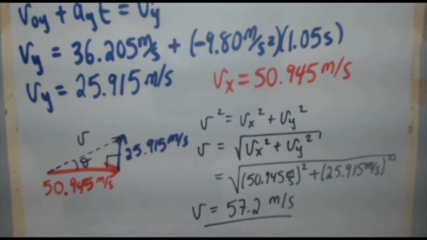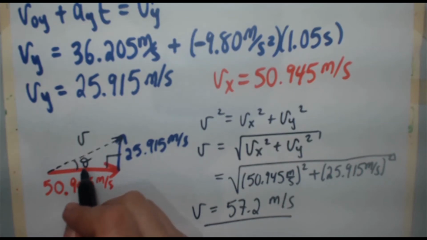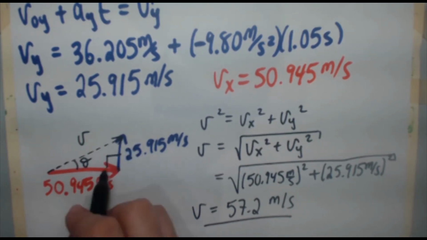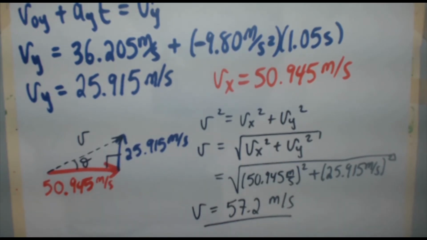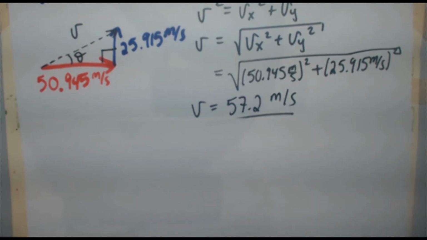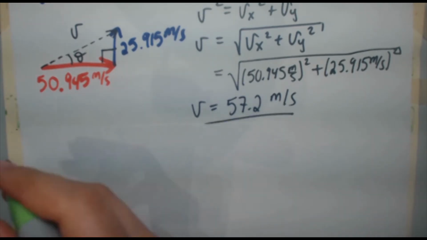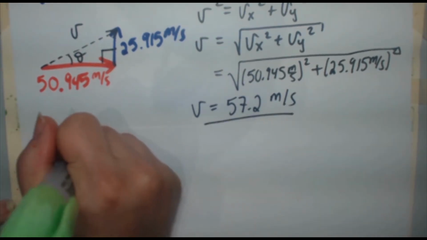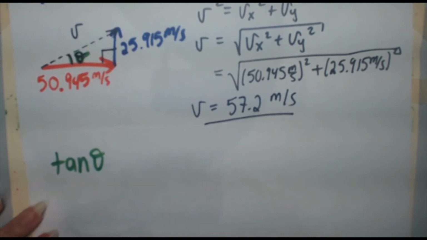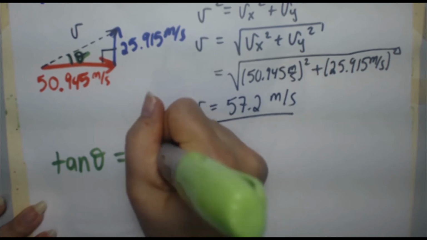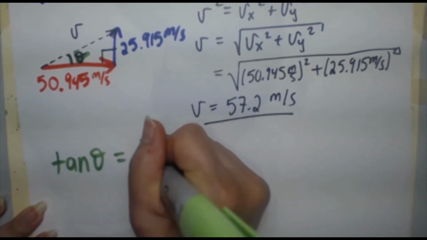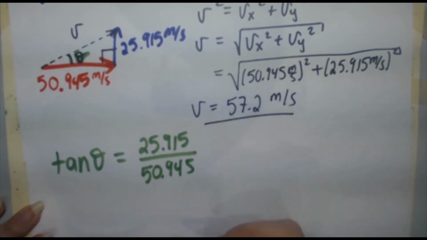Okay, now we were asked to find velocity, so we need to still find the direction. And we're going to do that also from this diagram. Okay, just like again in previous videos you would have seen, we are originally given the opposite and adjacent to this angle, so we are going to use tangent of theta to determine that angle. Okay, so tan theta, with this being theta right there, tan theta is equal to 21.915 divided by 50.945.